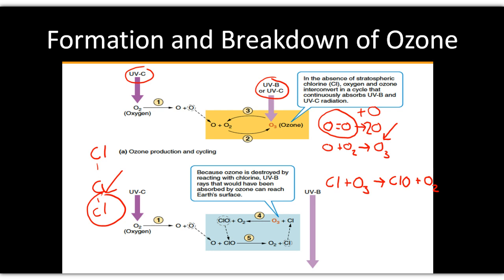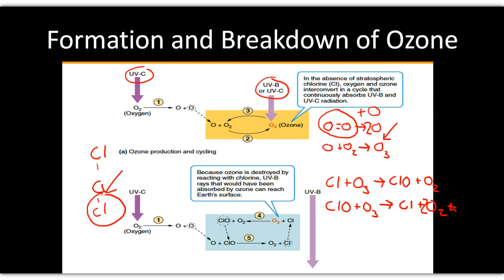And then a secondary reaction happens where this chlorine and oxygen combination mixes in again with an ozone, and it ends up with chlorine one more time as an atom, and I'm simplifying this a little bit, with another oxygen. And actually you end up with 2 oxygens.